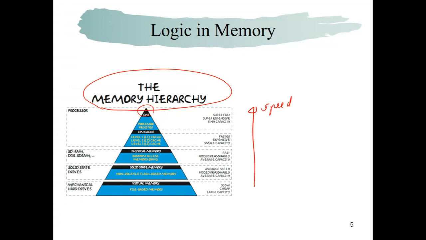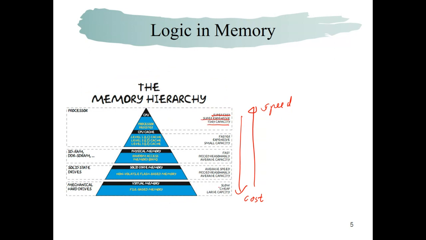In the top place, we need faster operation. And in the bottom, the cost is cheap. So if we make memory with the bottom part, the cost is cheap, but it's slow. In the top part, the cost is expensive, but it's very fast. So you see here, super fast and super expensive, and the capacity is very small. But here, slow, cheap, but large capacity.